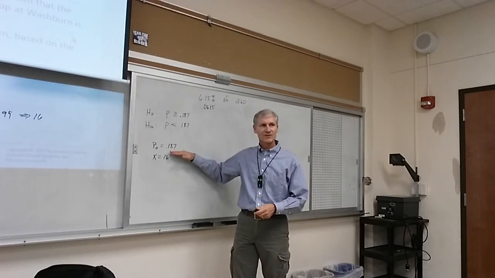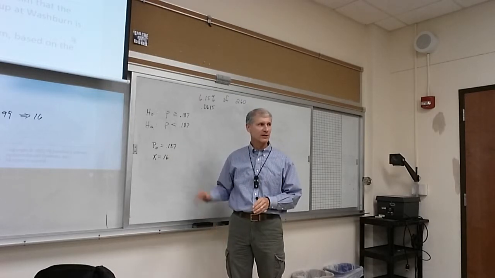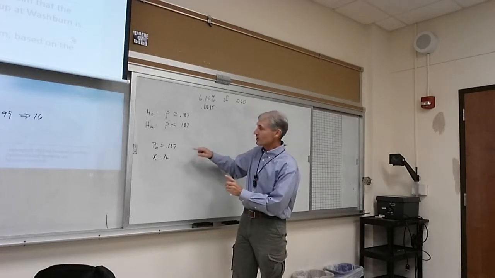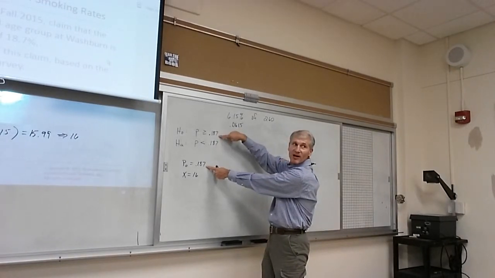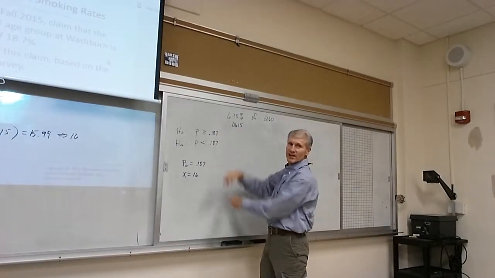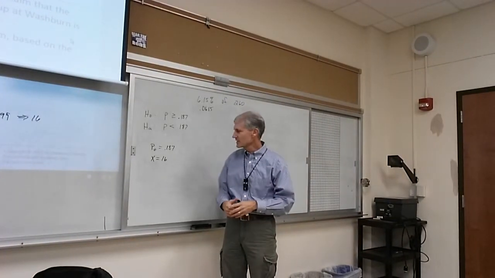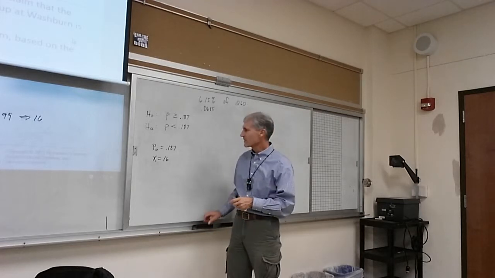If you did that, you would get a p-value of 0.5 for a one-tailed test and 1 for a two-tailed test. Because now what you've done is you said, my sample data is exactly the null hypothesis. So that's a probability of 1 you could get data like this if the null is true. So if you ever get a p-value of 1, you look and see if you made that mistake.